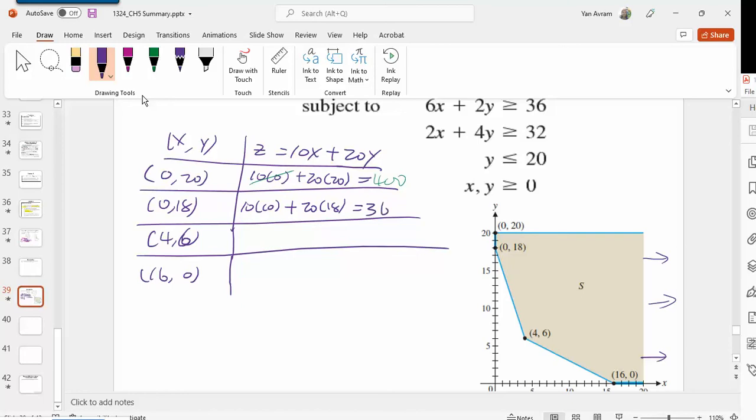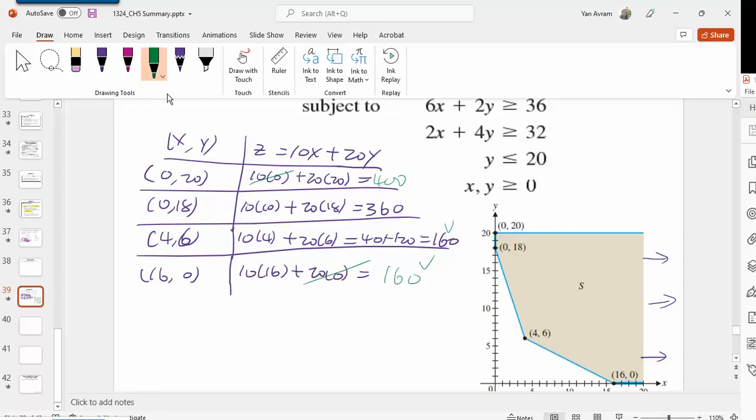So that's 360. 10 times 4 plus 20 times 6. So that's 40 plus 120, or that's 160. Okay? And then that's 10 times 16 plus 20 times 0. And then this is gone. So that's 160.